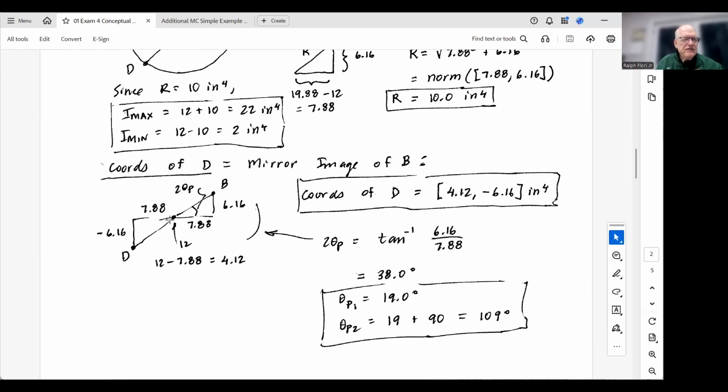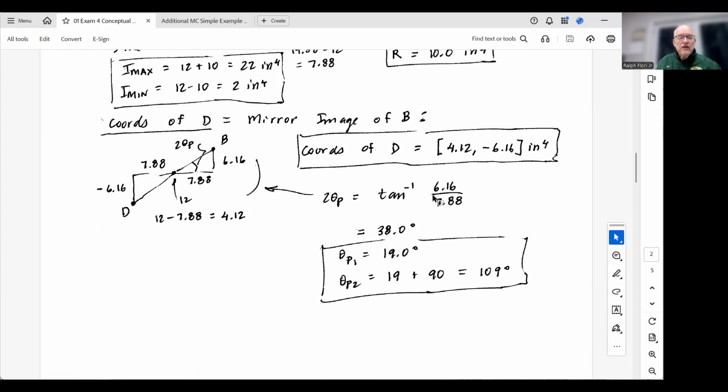So 12 minus 7.88 is the moment of inertia value at D. At B, the product of inertia is positive 6.16, and out here at D, it's negative 6.16. So the coordinates of D, which is 90 degrees from B on the cross section, or 180 degrees from B on Mohr circle, are a moment of inertia value of 4.12, and a product of inertia of negative 6.16.